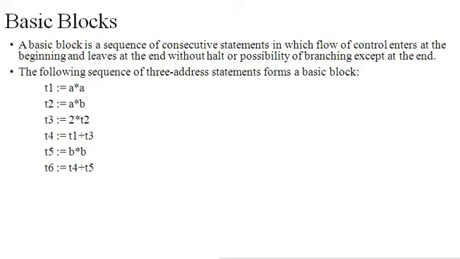Some terminology used in basic blocks: a 3 address statement x = y + z is said to define x and use y or z. A name in a basic block is said to be live at a given point if its value is used after that point in the program, or maybe in another basic block.